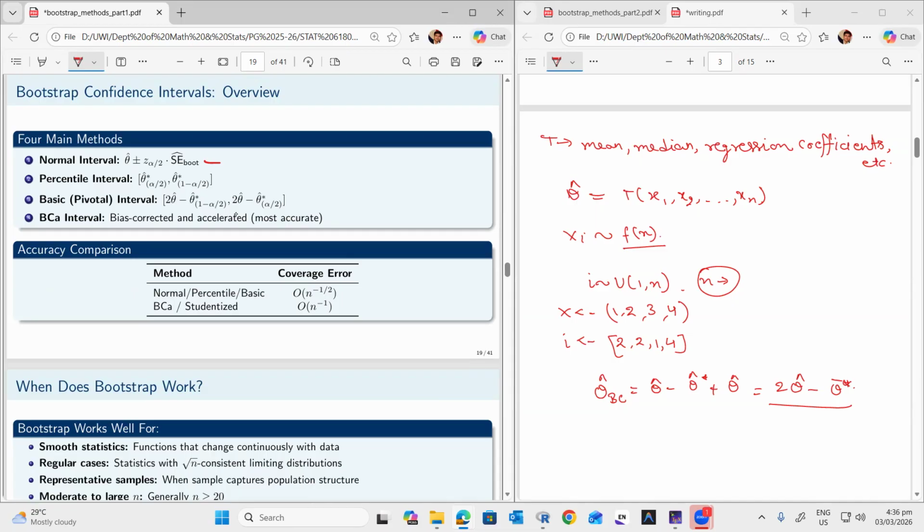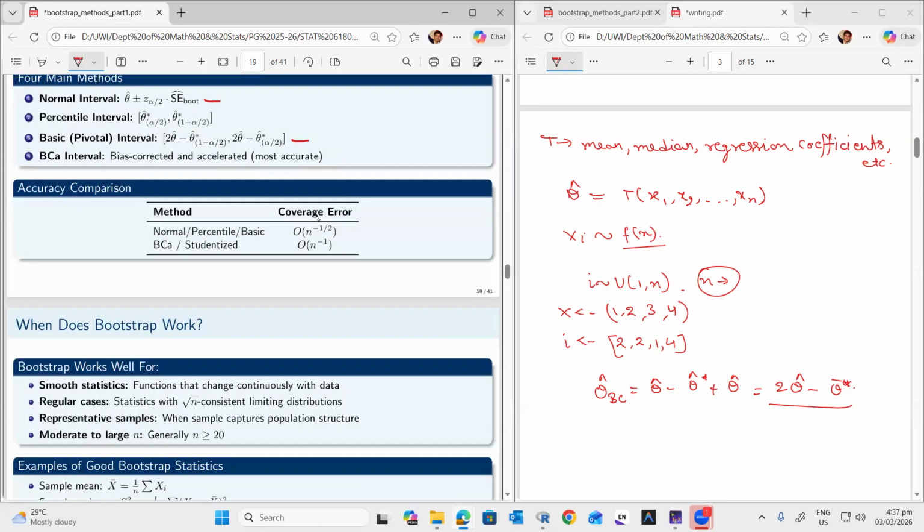And the pivotal interval formula is 2 theta cap minus theta cap star 1 minus alpha by 2 and 2 theta cap minus theta cap star alpha by 2. So bias corrected and accelerated is the most accurate; the bias corrected interval of the bootstrap is better compared to the normal and percentile intervals.